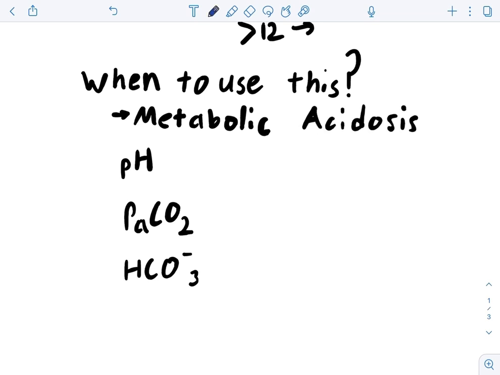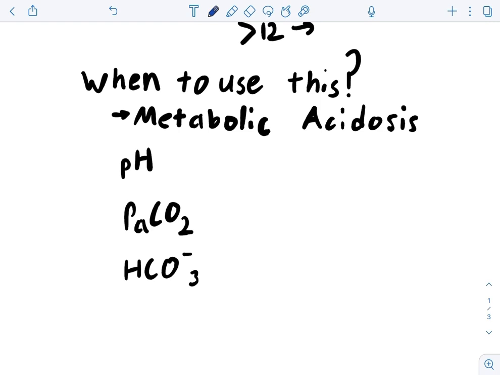And the important thing to remember about an anion gap and a metabolic acidosis is that it is going to tell you, is this patient acidotic because they have too much of an acid, or have they just lost bicarb? And if they have gained acid, it will be high. If it's more because they've lost bicarb, then generally the anion gap will be normal.